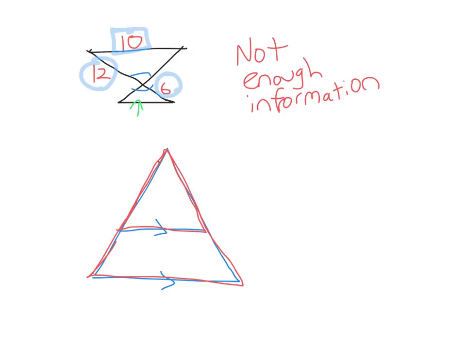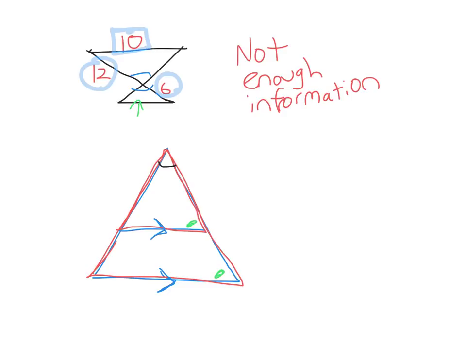Well, firstly, note this angle is in both triangles, so it must be equal in both triangles. So now we need to see, can I find any other pairs of equal angles? Because I can't use any of the tests involving sides. I don't have any side lengths. So because this line here and this line here are parallel, that's what the arrow means, these two angles here must be equal.